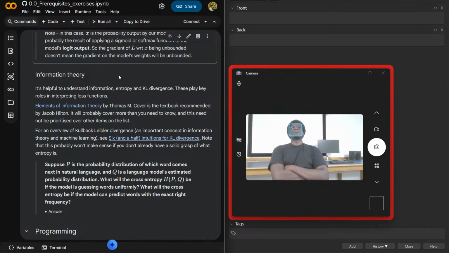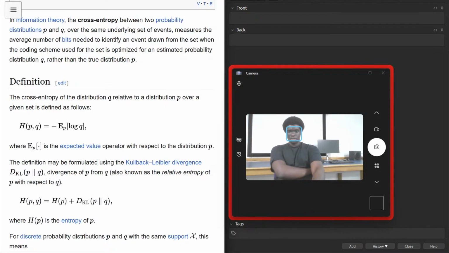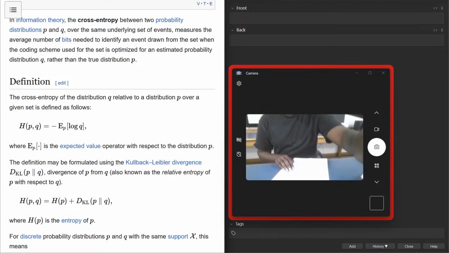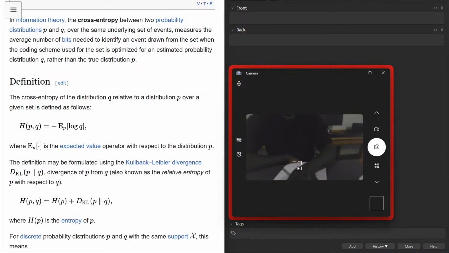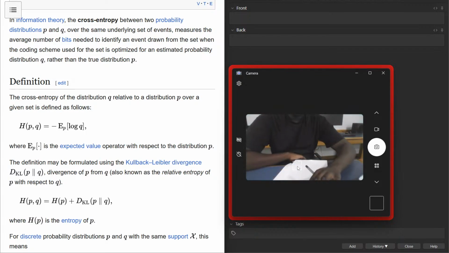Right, if I focus on this, maybe you guys are able to see it better. I know this still seems pretty bad, and if I move my hand, it's quite unworkable.